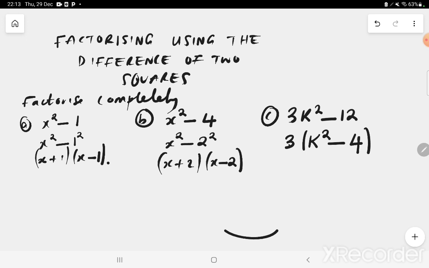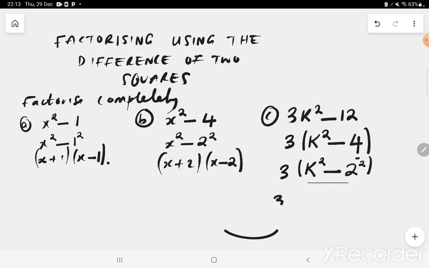So this is what you write. Again, this 4 is a perfect square, so we can easily find its square root. So this will be k squared minus 2 squared, difference of 2 squares.